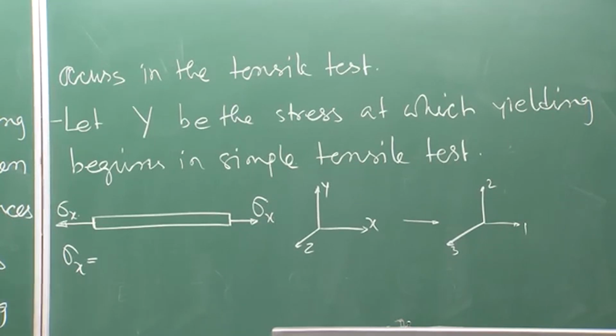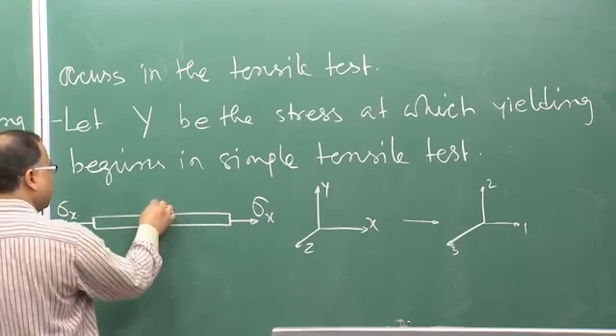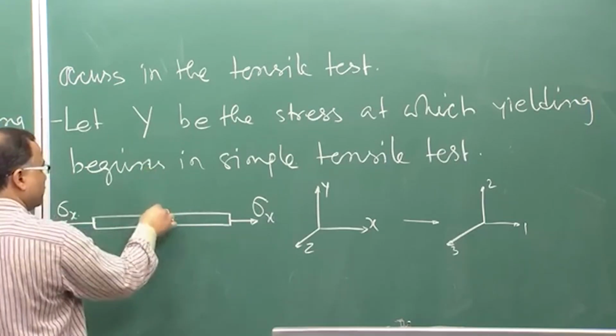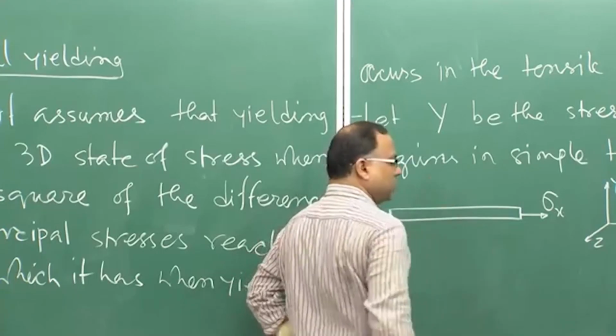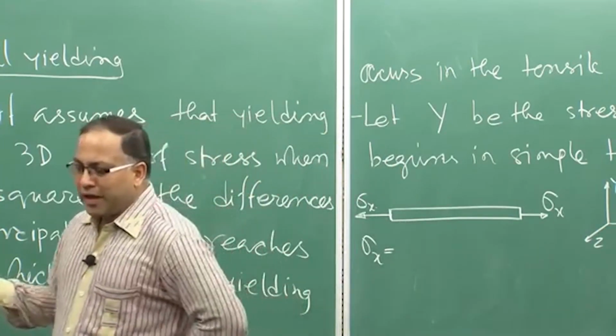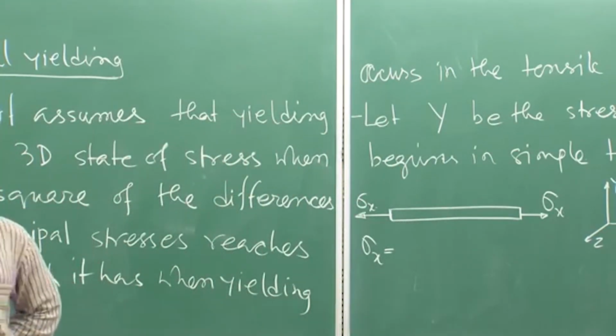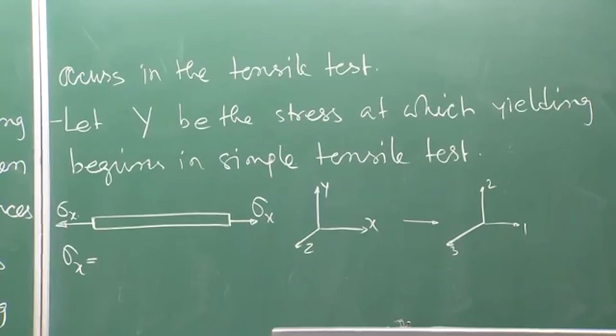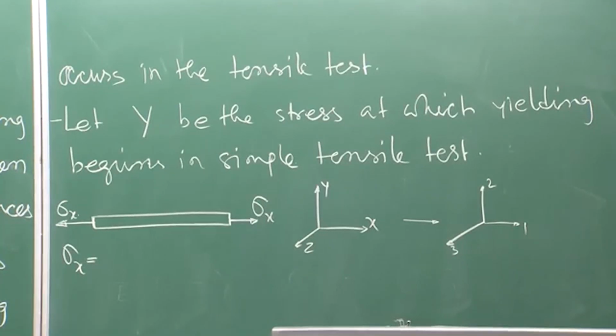Similarly, if you see the y direction, this plane is the y plane, this is the positive y plane, this is the negative y plane, and on the y plane you do not have any stresses. Therefore, of course, you do not have shear stress.